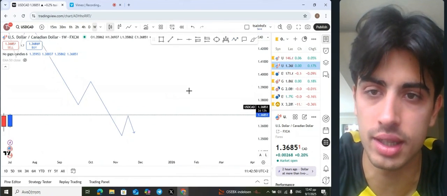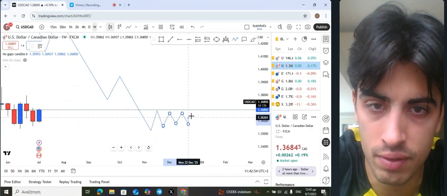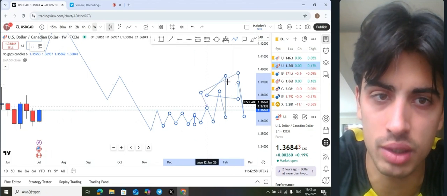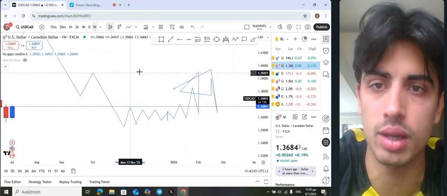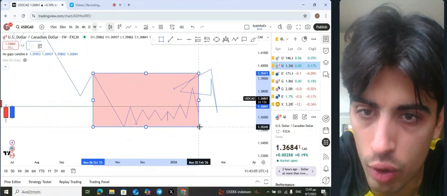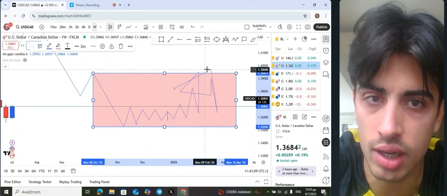You have to understand that if price stays here, it does not matter what it does, this is the lower high and this is the lower low. So all that here is just pure price action. That has to be inside.